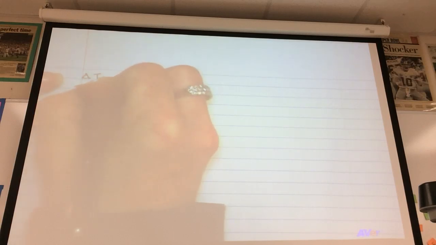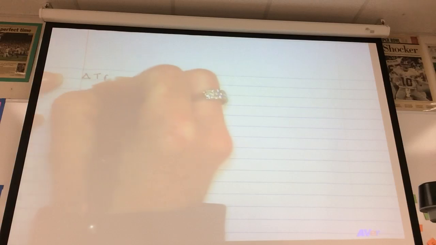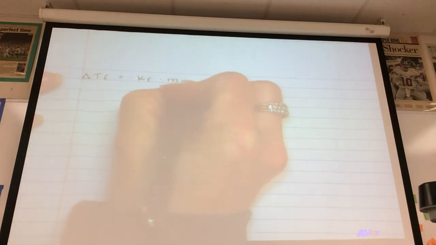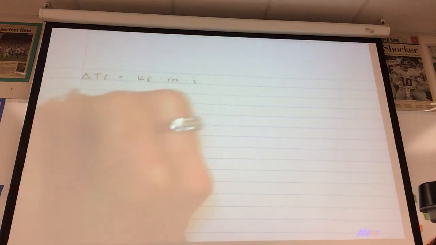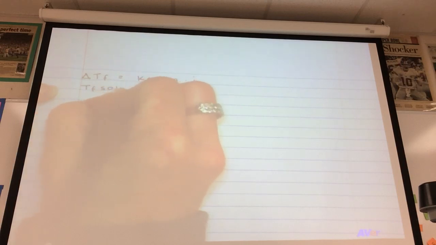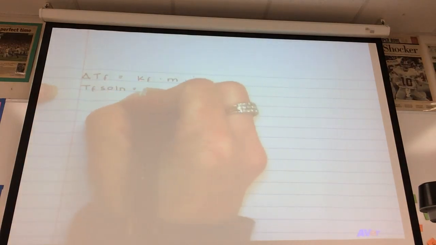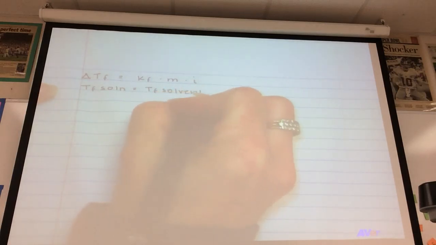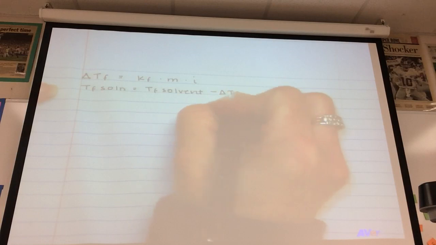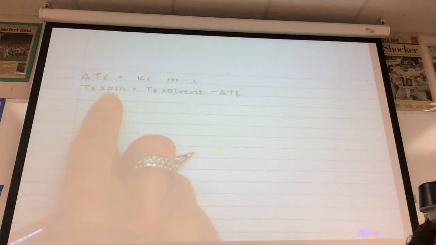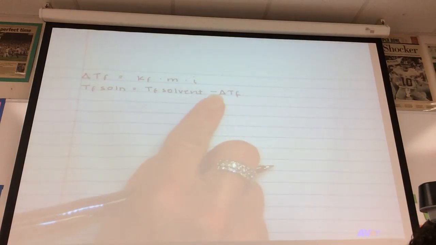In the first step, we calculated delta TF, which is equal to the KF times the molality times the I. And in the second step, we were able to calculate the freezing point of the solution by subtracting the delta TF from the freezing point of the solvent. Remember that the solution's freezing point is depressed, so it's going to be less than the solvent, so you subtract.